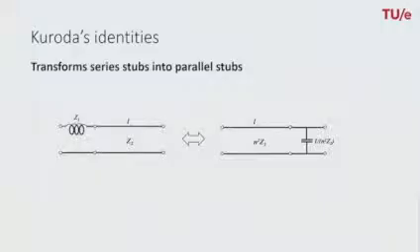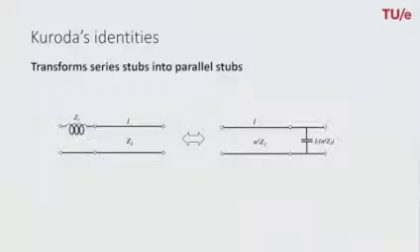We have a series inductor which is connected to a transmission line with a length L with a certain characteristic impedance, and we can transform that using the Kuroda identity to a transmission line with the same length but with another characteristic impedance, as indicated here in the figure, and a shunt capacitor.